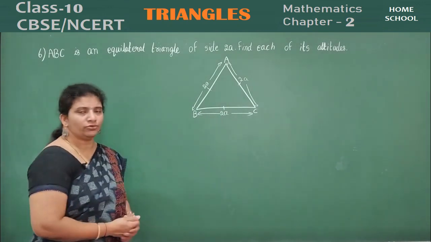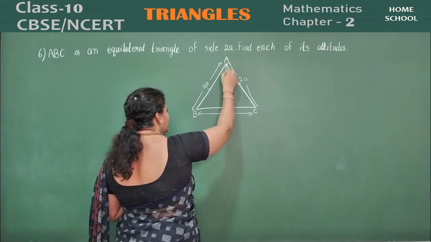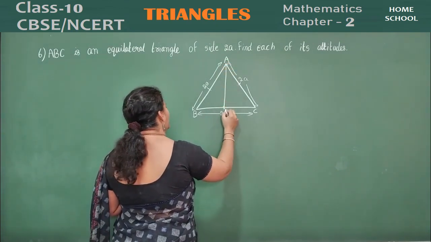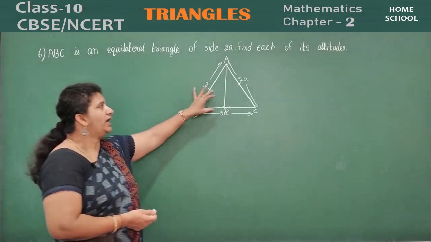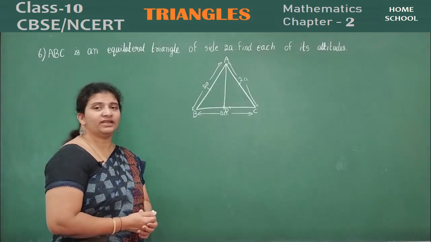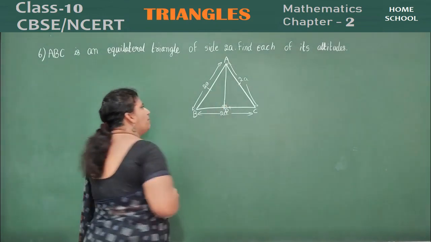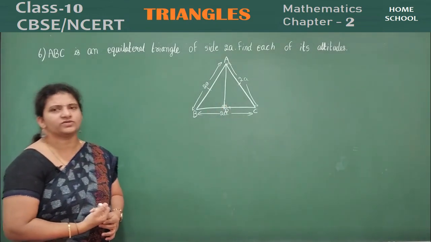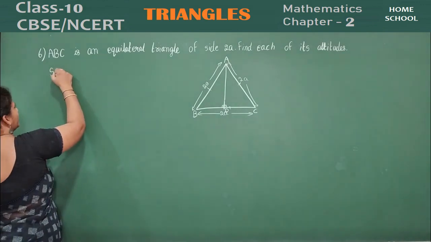Altitude, what I need to do? I'm going to draw an altitude from A to, let me mark this point D. Okay. What is this altitude is your question. How can you find that? Altitude is perpendicular to the opposite base. So now, how do we start a solution here?